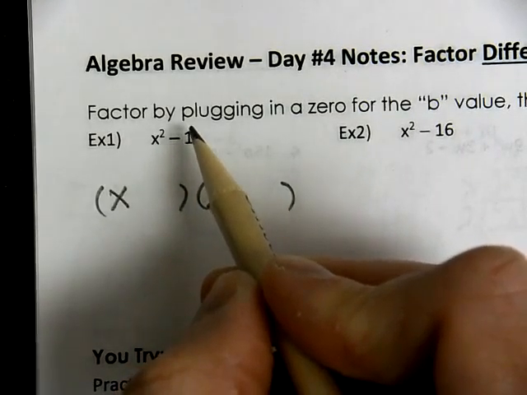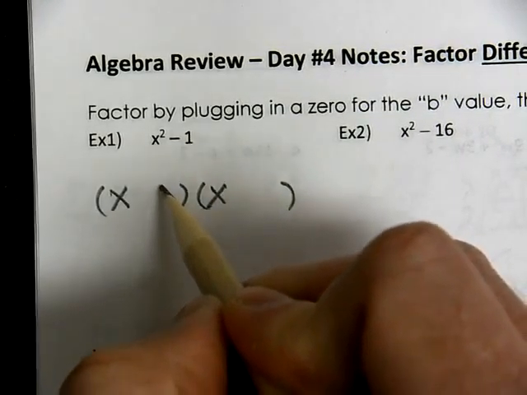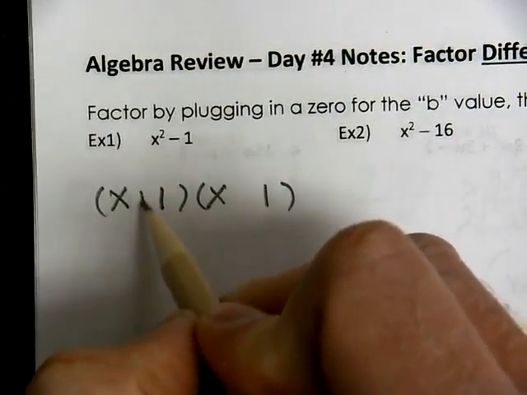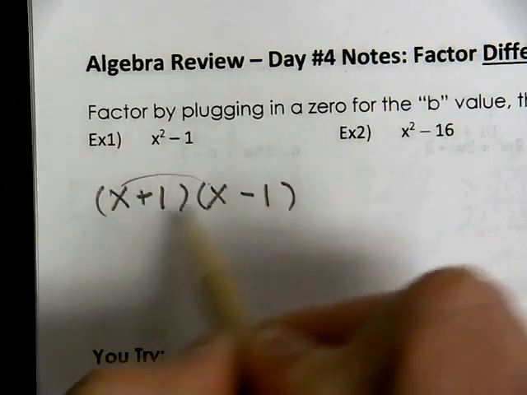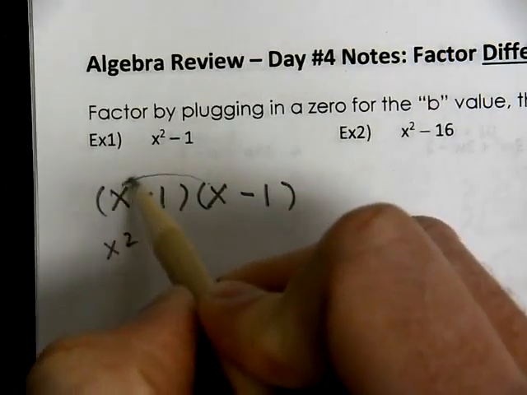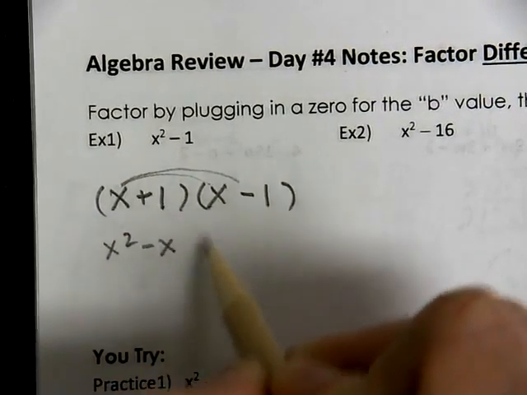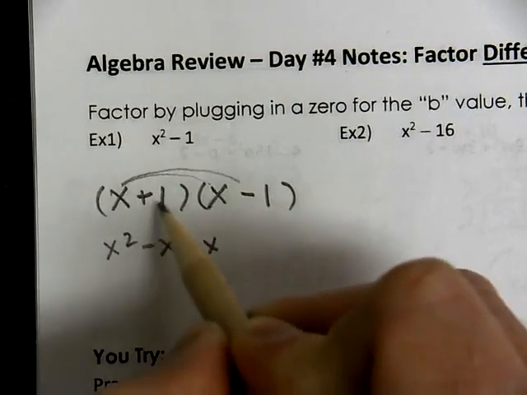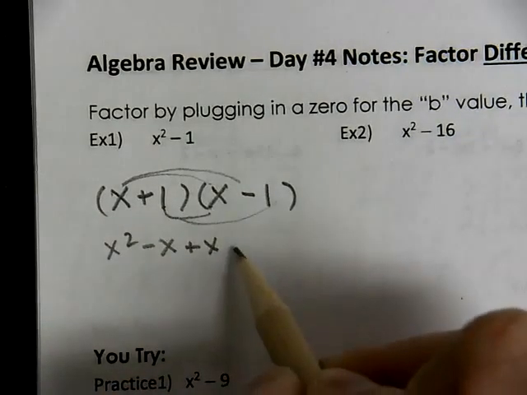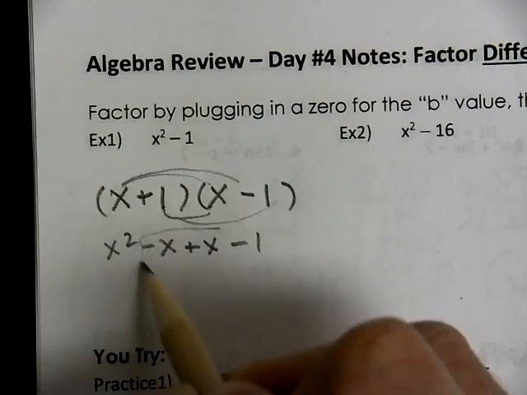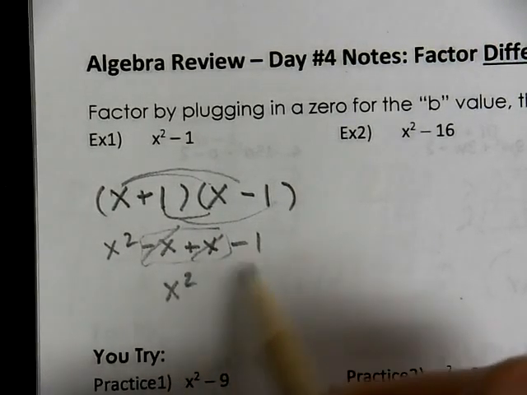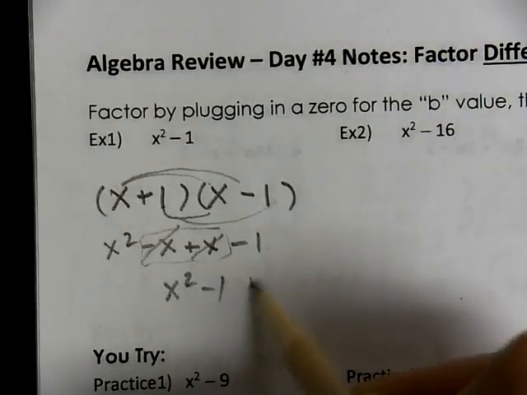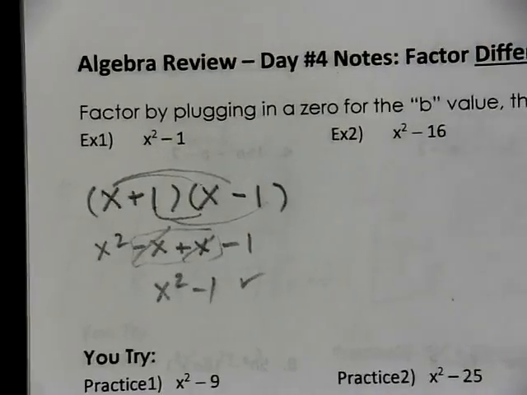What's the square root of your last term? 1 and 1, plus and minus. So when you FOIL this back out, notice what happens. These two terms will cross out, and you're only left with an x squared and a minus 1. So it worked.